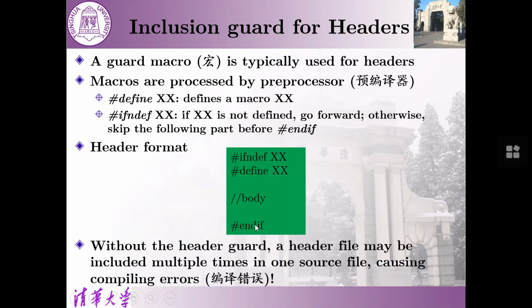So this is the header file. In the header file at the beginning, we check whether it's defined or not. If it is not defined, then we define it. Then this is the #endif. This part is enclosed in this #ifndef and #endif guard.